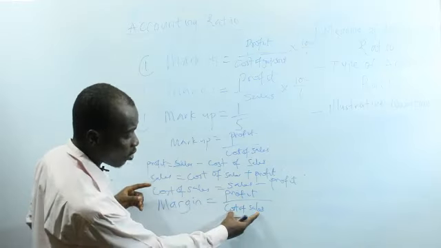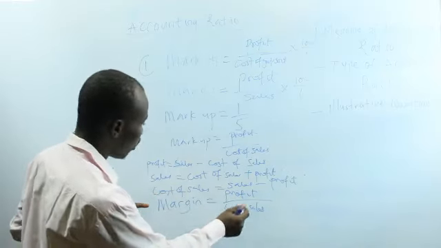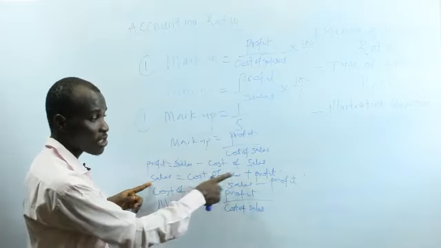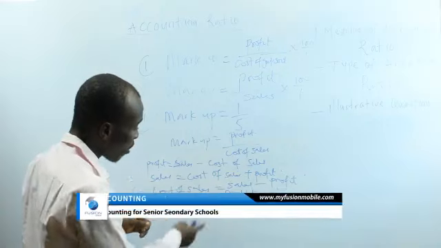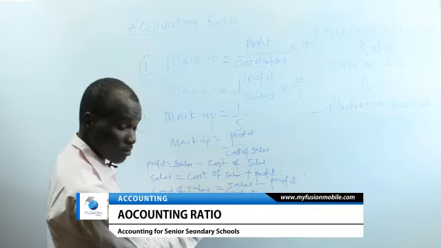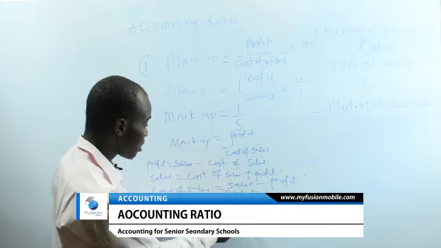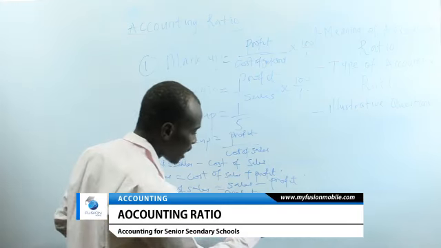So we can convert the cost of sales to what? To sales. And we know generally that sales is equal to cost of sales plus profit. So it means when we add the profit, which is our numerator in this ratio, to the cost of sales, that will change to sales. So we can add plus profit.